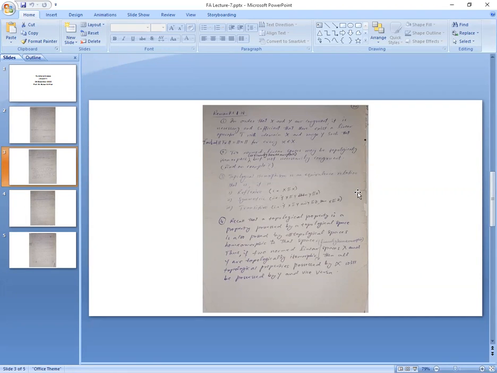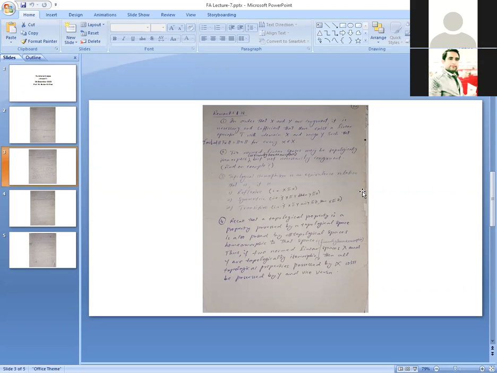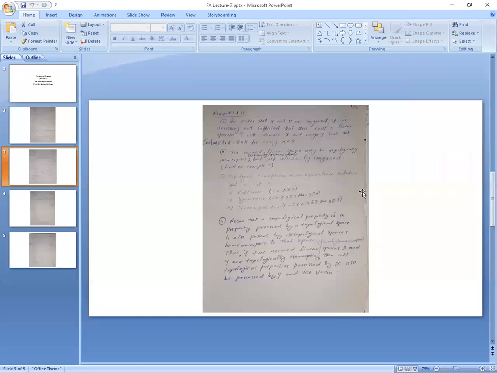Second remark says that two normed linear spaces may be topologically isomorphic or linearly homeomorphic. As I said, you may use these two terms interchangeably, but not necessarily congruent.